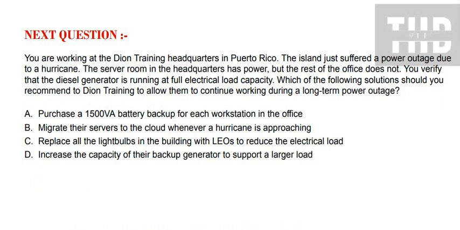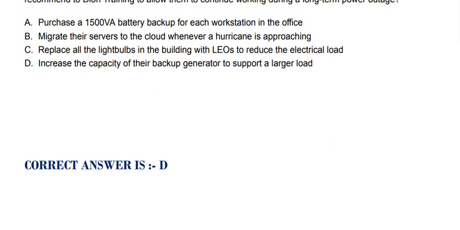And the options are: option A, purchase a 1500 VA battery backup for each workstation in the office. Option B, migrate their servers to the cloud whenever a hurricane is approaching. Option C, replace all the light bulbs in the building with LEDs to reduce the electrical load. And option D, increase the capacity of their backup generator to support a larger load. The correct option is option D.